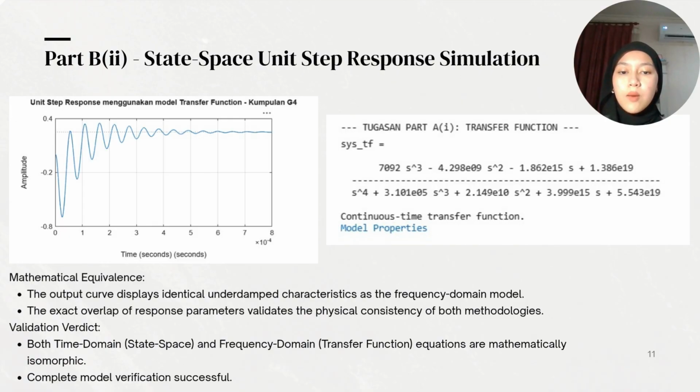The exact overlap of these response parameters thoroughly validates the physical consistency of both methodologies. Therefore, our validation verdict is that both the time domain state space and frequency domain transfer function equations are mathematically isomorphic. This confirms that our complete model verification is successful.